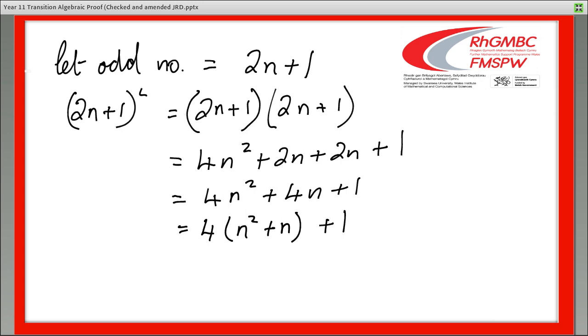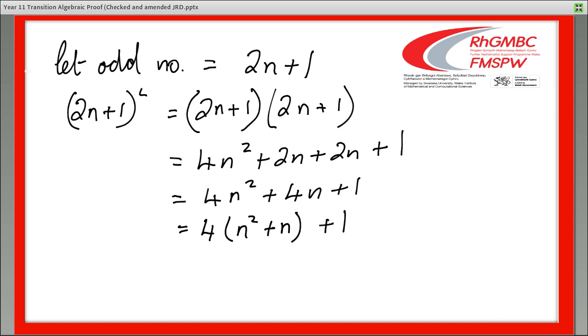Now, the question said, show that the square of any odd number when divided by 4 has a remainder of 1, or always leaves a remainder of 1. Well, if we look at this, if we take the bracket term, I don't care what number you choose for n, because n squared plus n gives a value, but then I'm multiplying it by 4.